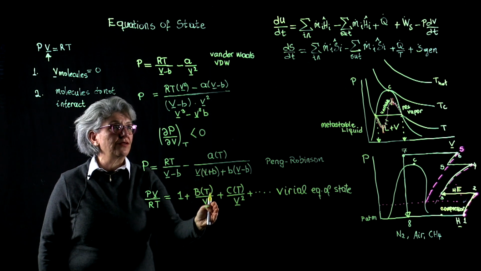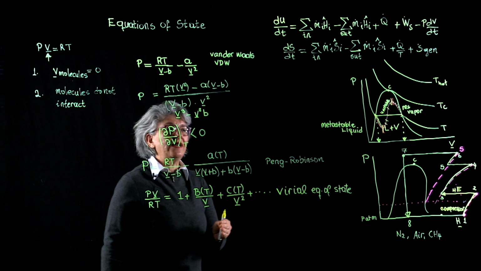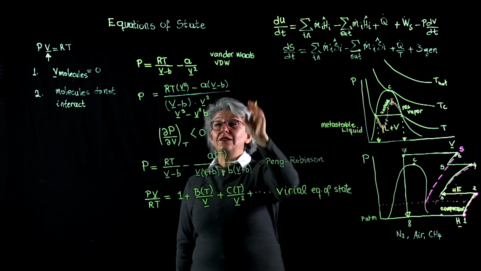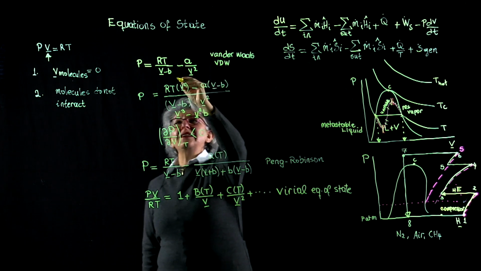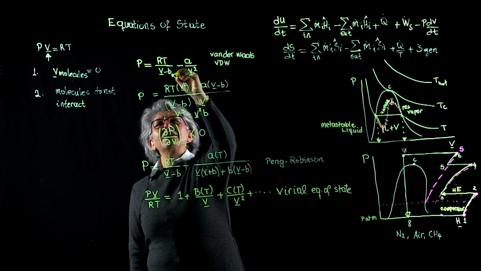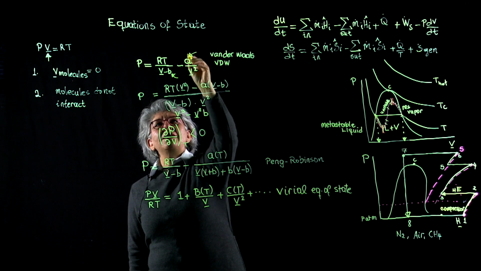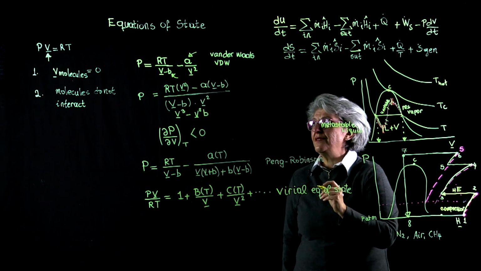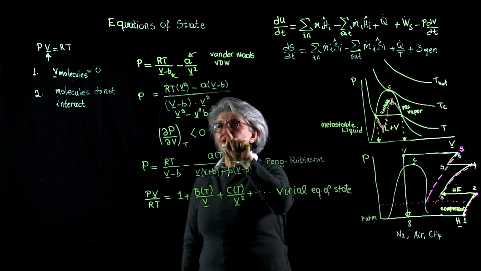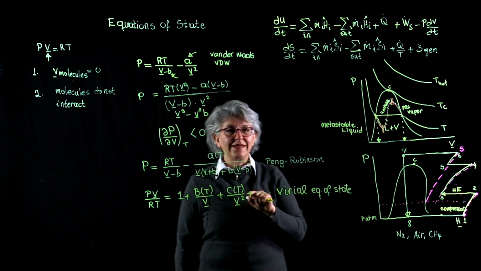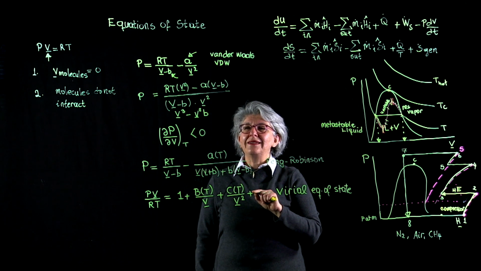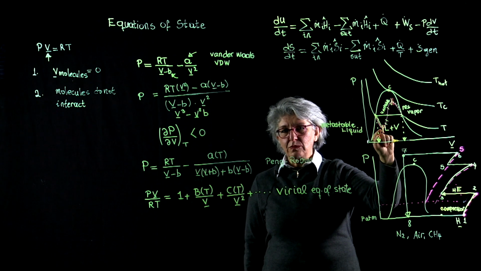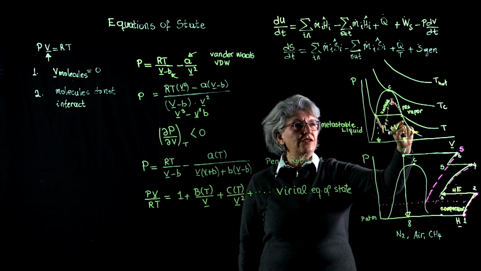Now, given those three equations of state, van der Waals, Peng-Robinson, and virial, it might be useful to also obtain the van der Waals constants A and B in terms of the critical point parameters. This goes through the stability criteria and the conditions of extremum of a cubic equation.